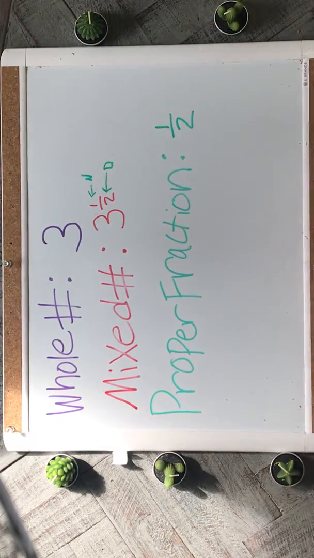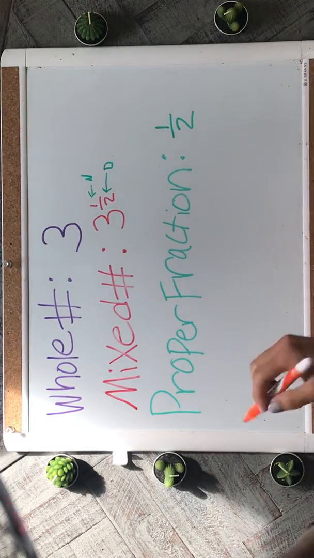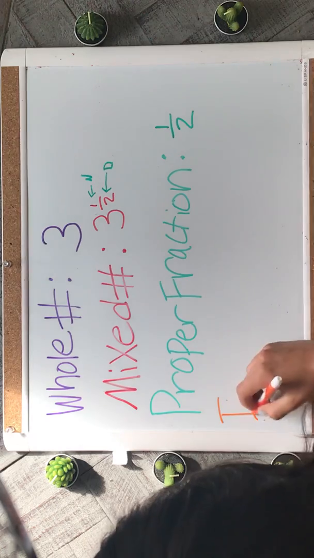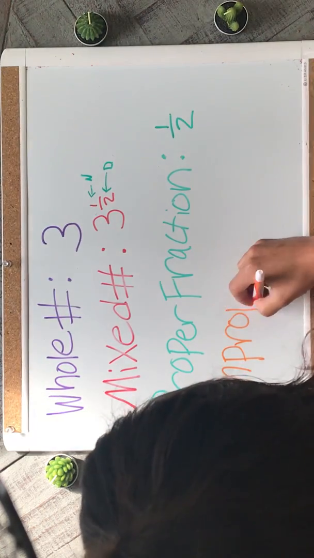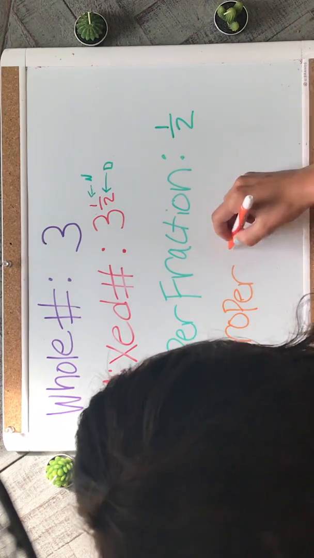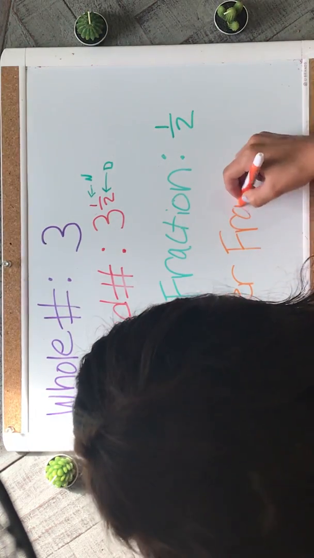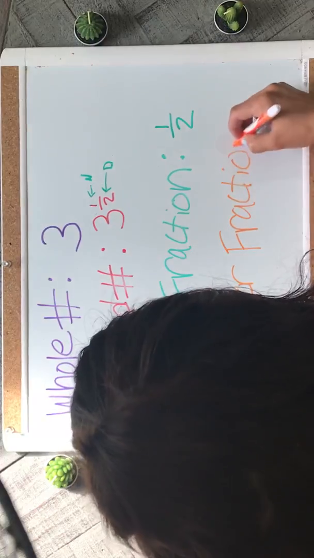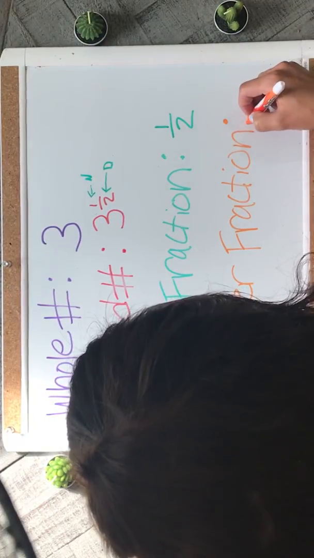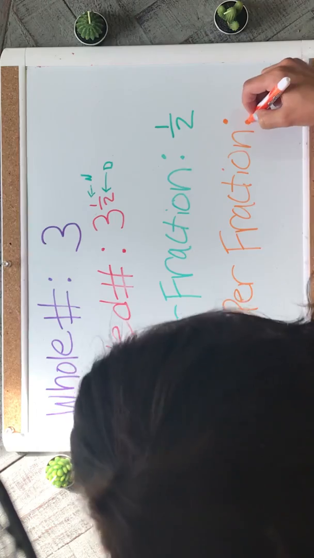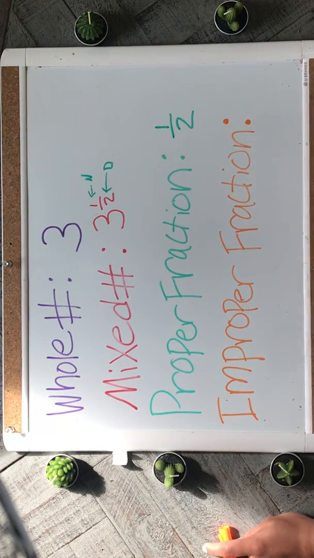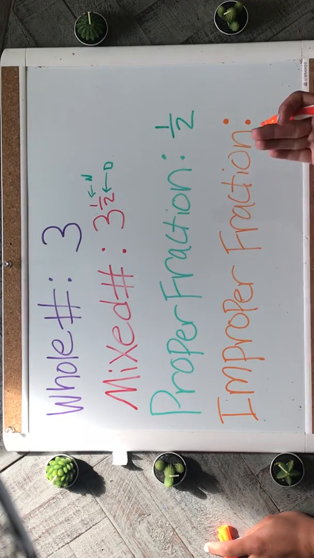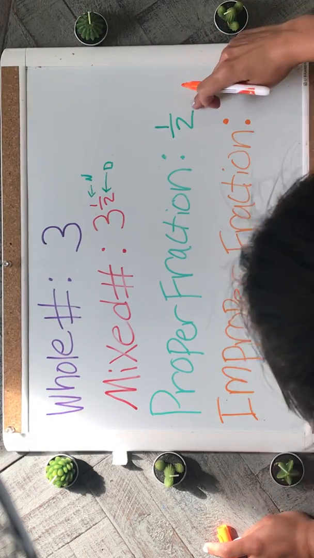Okay, so now let's try an improper fraction and see what it looks like. Maybe you can take a guess at what it's going to look like. Alrighty, and that is when the numerator up top again, number 1, numerator, that is when that part is larger than the denominator down under.